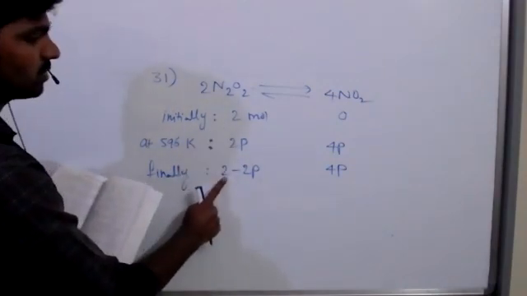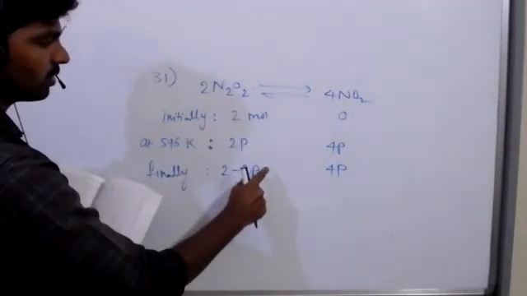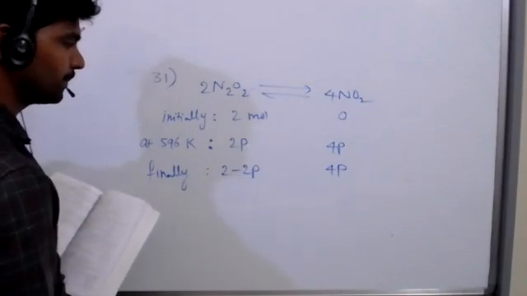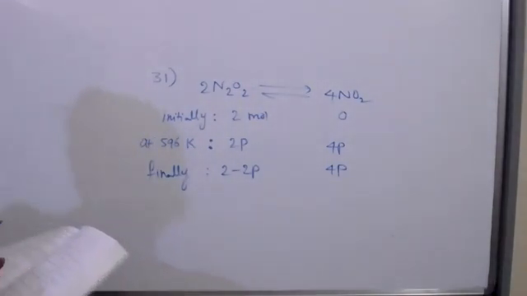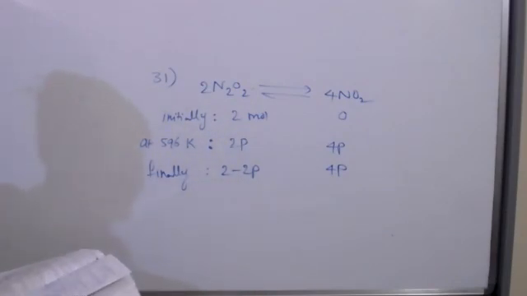Two moles. And this 2P of partial pressure of N2O4 converted to product. So that is 4P. Next, the question: given 20% by mass of N2O4 decomposed to NO2, the resulting pressure is.